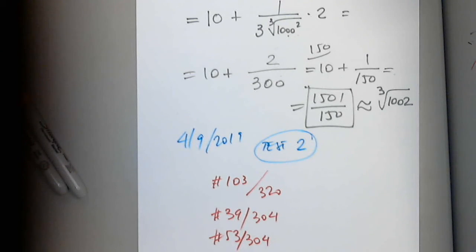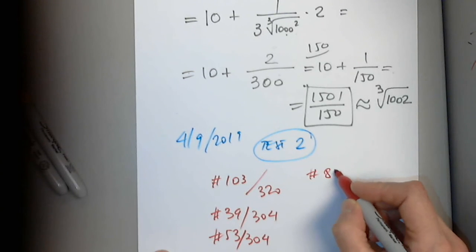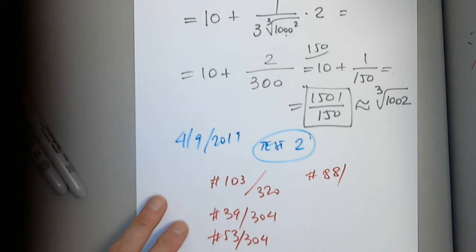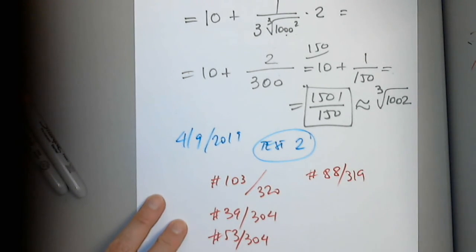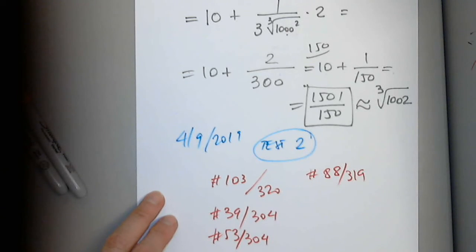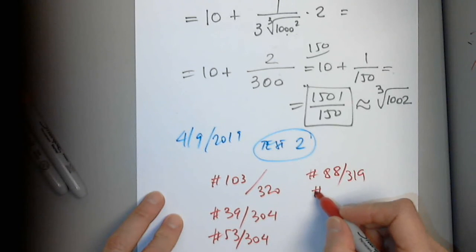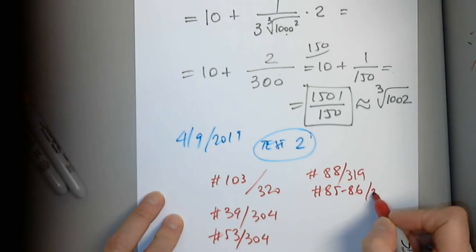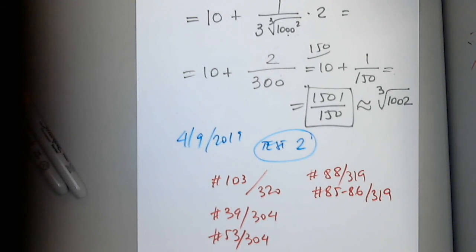From 3.2, I already picked the problem, so let me pick another. Derivative. We differentiated everything, if you look at your notes. 88 on 319. We also did 86 and 85 in class. 85, 86 on 319. That's pretty much it.